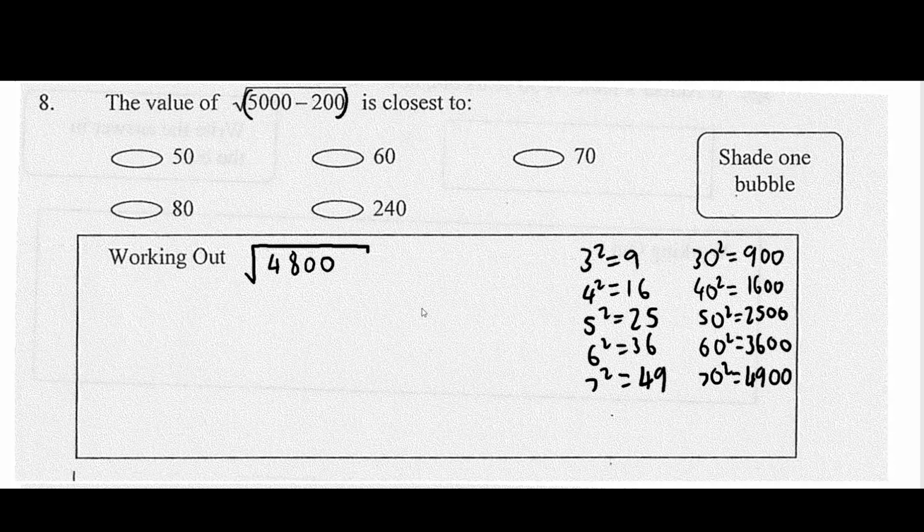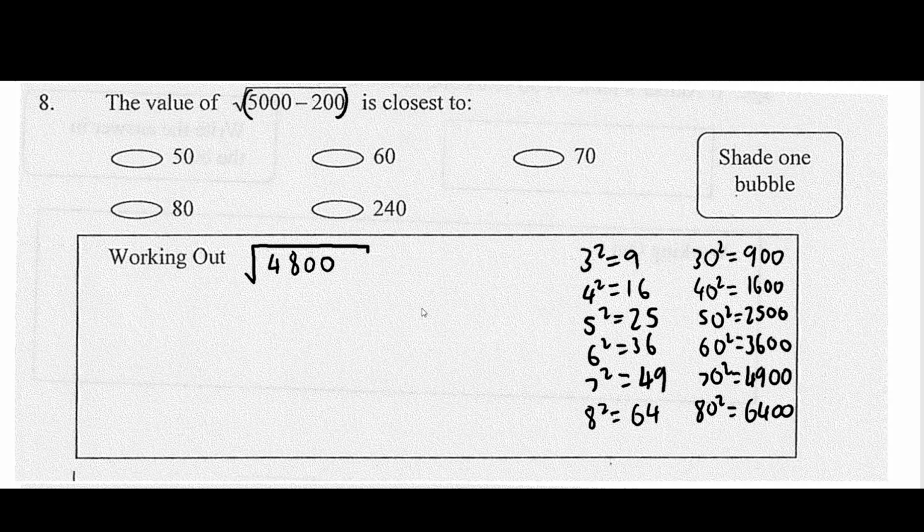Okay, so which of these is closest to that? Well, I'm thinking 70 here. Let's have a look at what was it, 8 squared. 8 eights, 64. So 80 squared is 6,400.